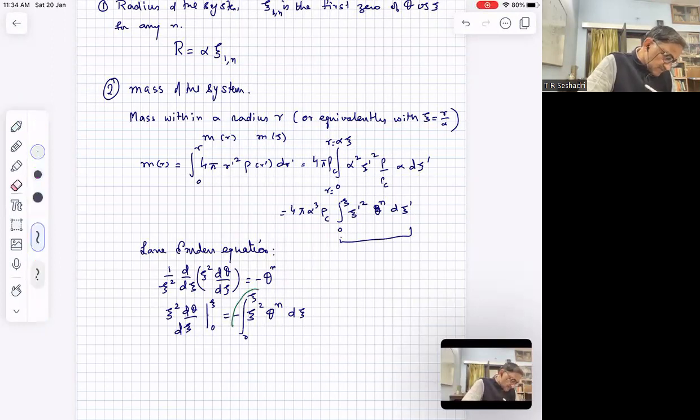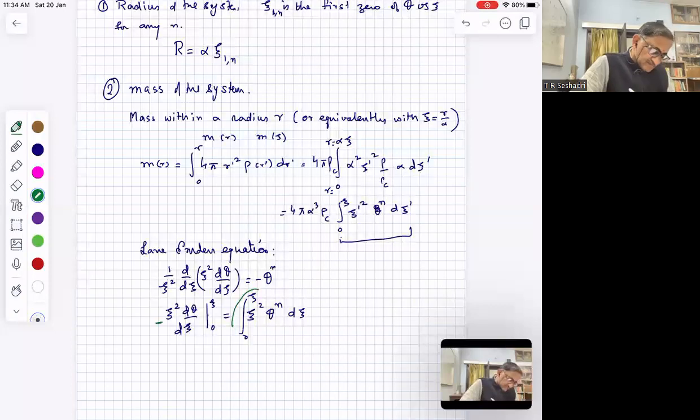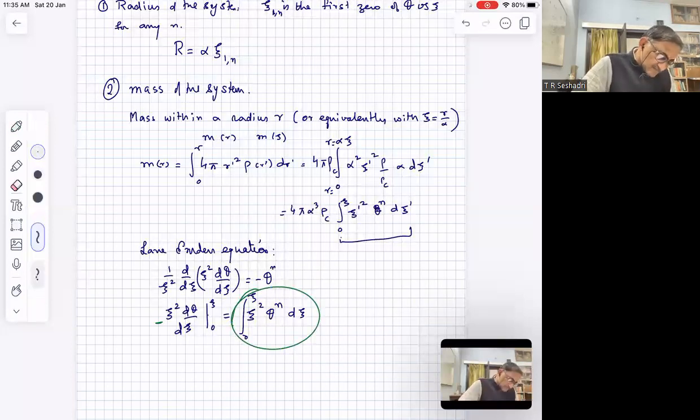Sorry. Let me just do one more thing. Let me shift the minus to the other side. Okay. Compare this and this.